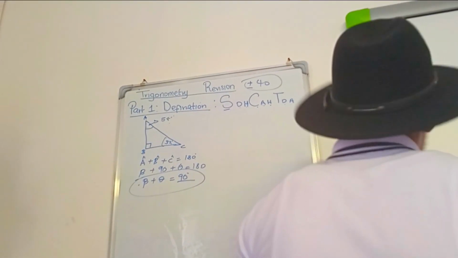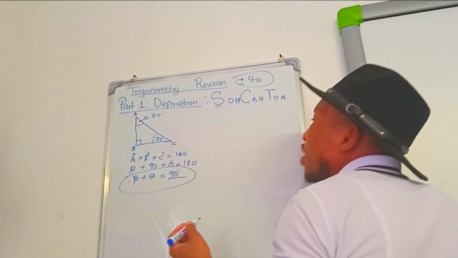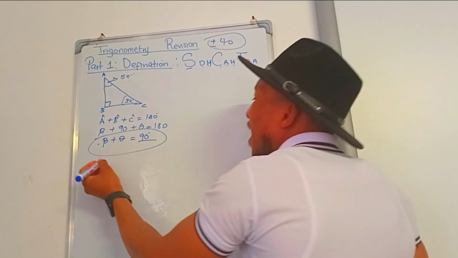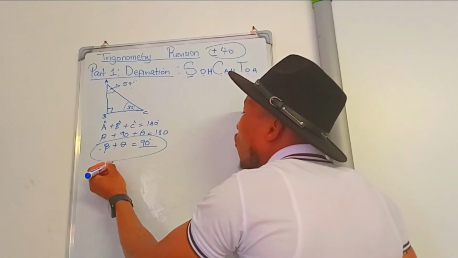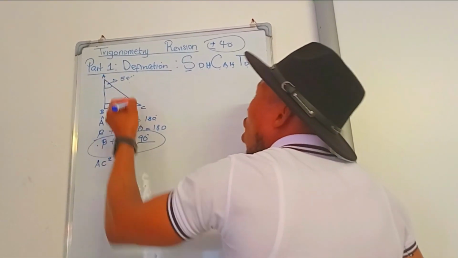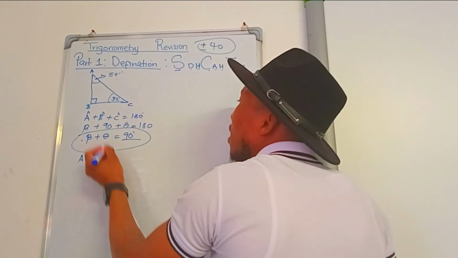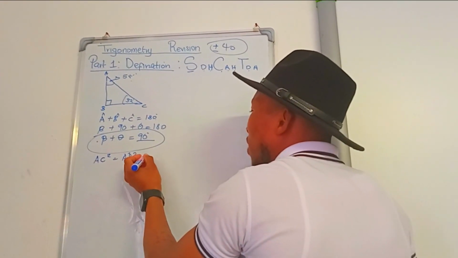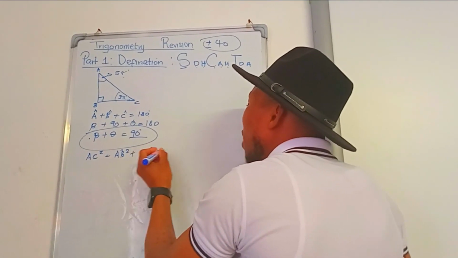Then after that, we have a rule that we always use to calculate the sides. Therefore, we have the theorem of Pythagoras, which is very important. The theorem of Pythagoras says the longest side squared is equal to the sum of the shortest sides squared.